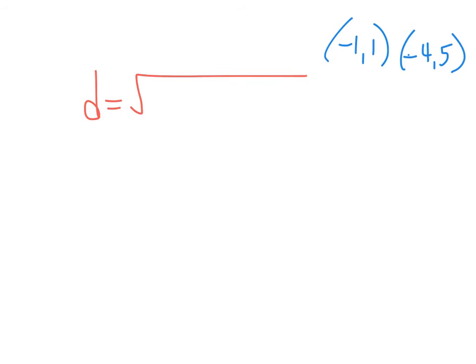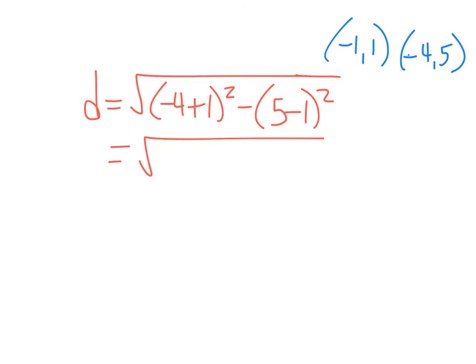So use the distance formula. Distance equals the square root of -4 minus a -1 squared, and then y2 is 5 minus 1 squared. So -4 plus 1 would be -3. 5 minus 1 is 4.